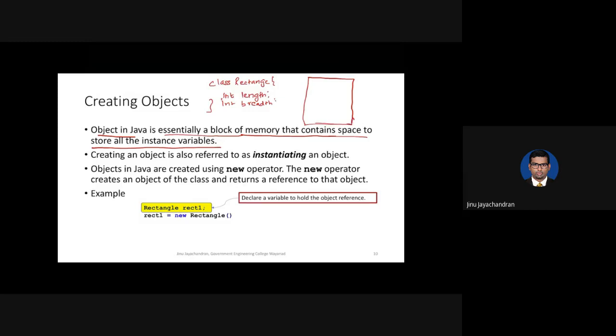Assume that this memory name is, let's say, A. It will allocate some memory for length, which is 4 bytes, and some memory for breadth, again 4 bytes. Now why is it 4 bytes? It is because it is of type int.